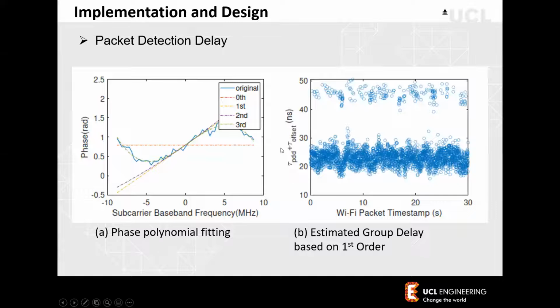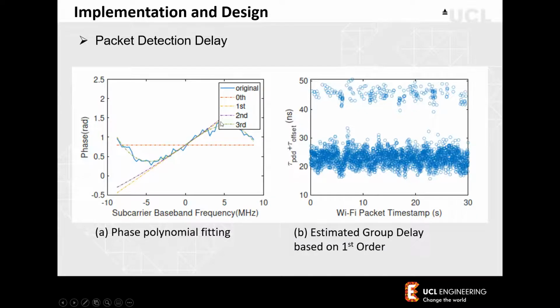And here, just to demonstrate how this packet detection delay looks. The blue line is the original phase of one subcarrier. We fit it with different polynomial orders: this is the 0th order, here is the first order, the second order, the third order, and on the right side, we estimate the group delay based on the first order.